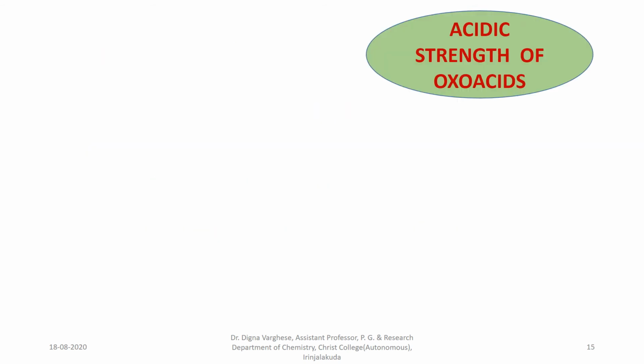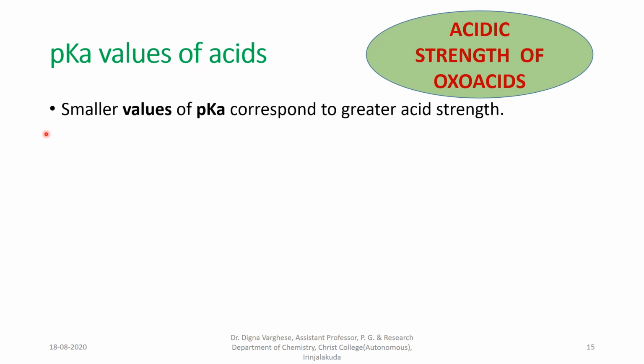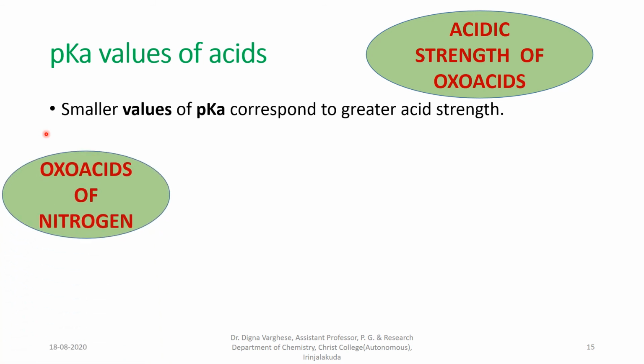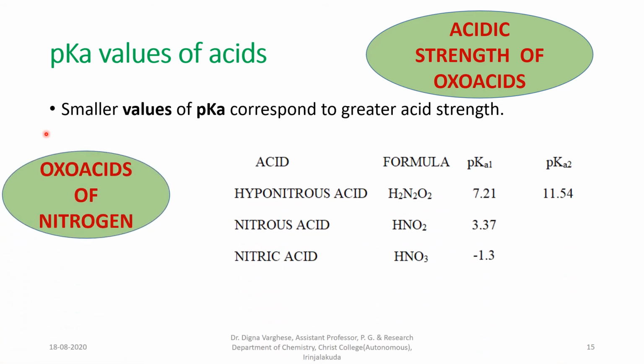Now the acidic strength of oxoacids is explained here using pKa values of acids. We know smaller values of pKa correspond to greater acid strength. In the case of oxoacids of nitrogen, hyponitrous acid, H2N2O2: the pKa1 value is 7.21.